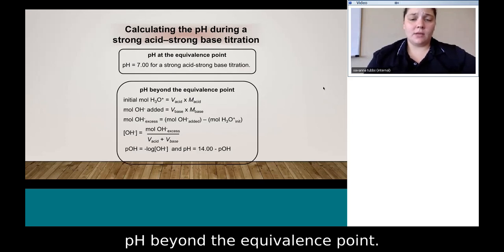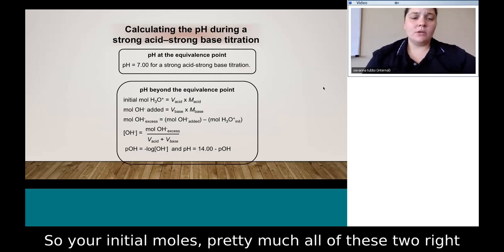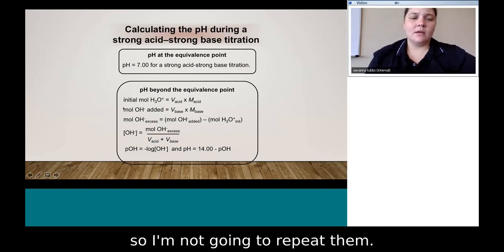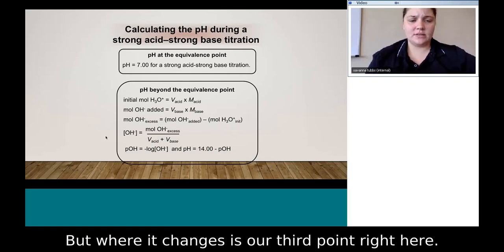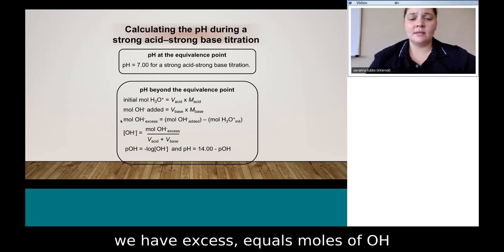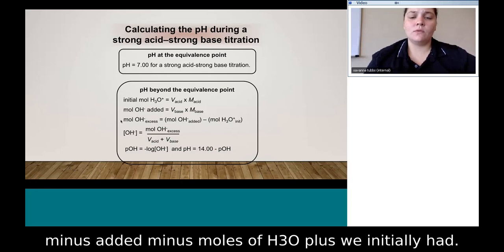pH beyond the equivalence point. So your initial moles, pretty much all of these two right here, are going to be the same as our previous slide, so I'm not going to repeat them, but where it changes is our third point right here. Moles of OH- in excess equals moles of OH- added minus moles of H3O+ we initially had.